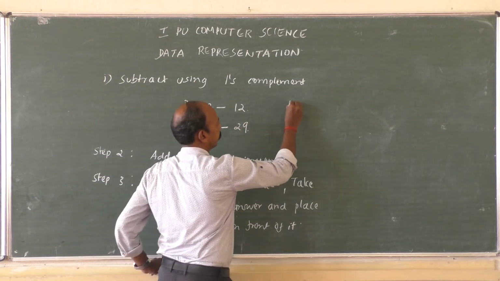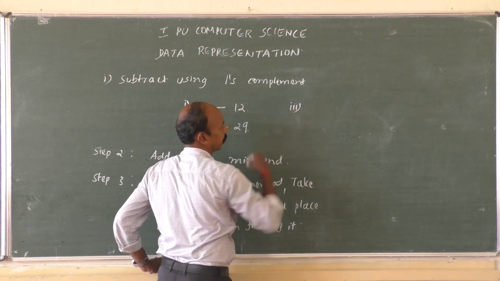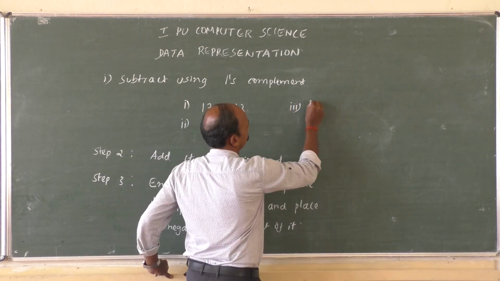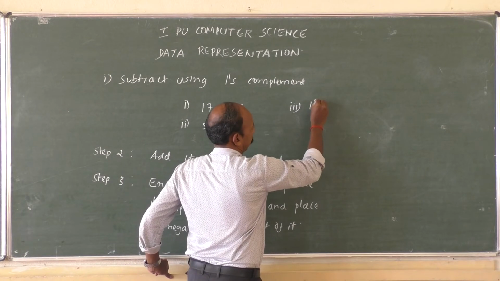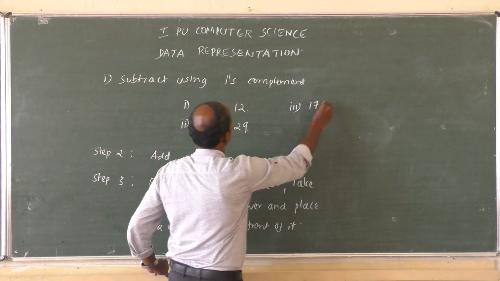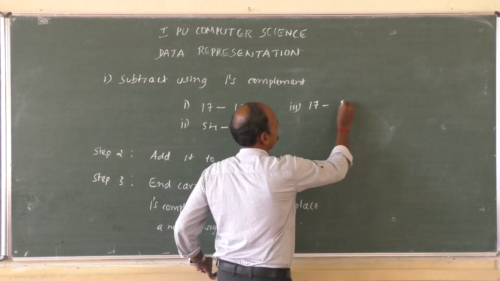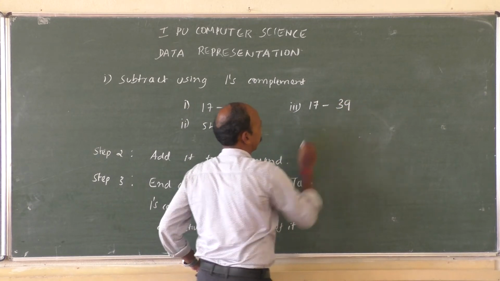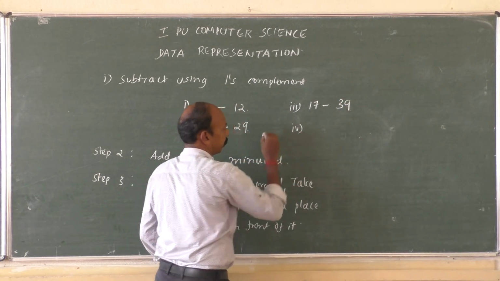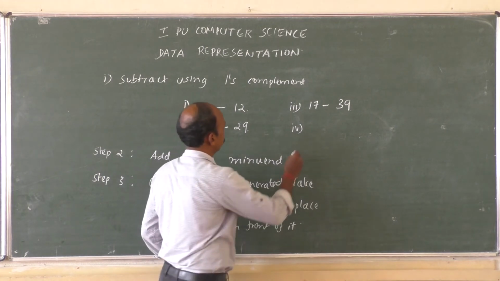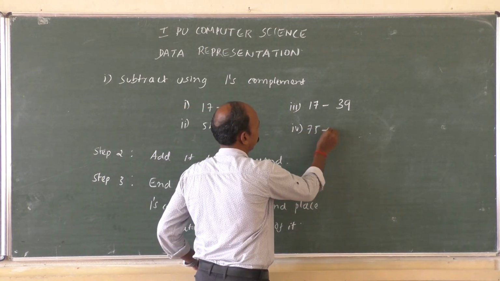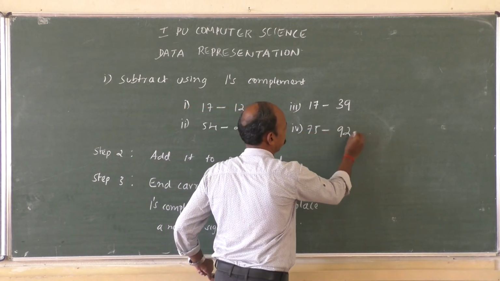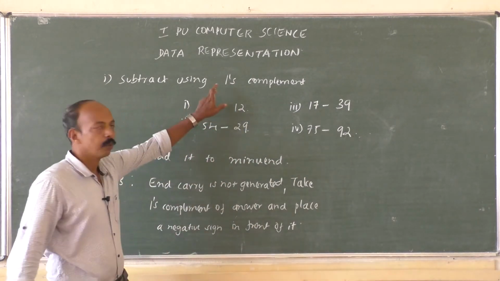Third, (17 minus 39). Fourth one, 75 minus 92. It's using ones complement.